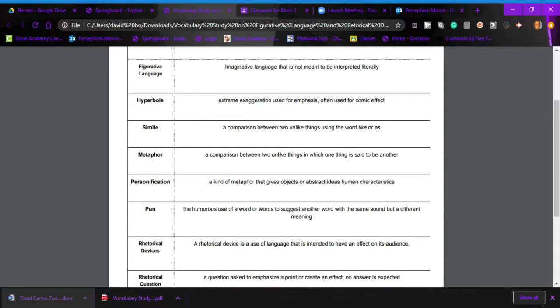Next type of figurative language is personification. Personification is a kind of metaphor that gives objects or abstract ideas human characteristics. So we look at personification and we're looking at the word person. That's again when we're giving something that is not human human-like characteristics.